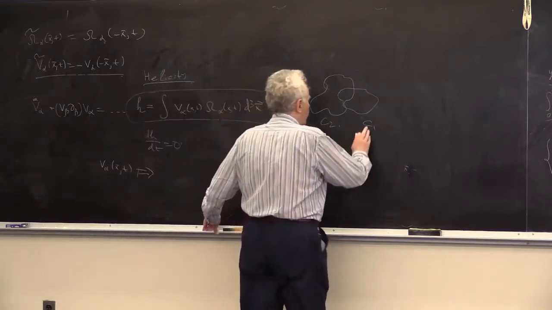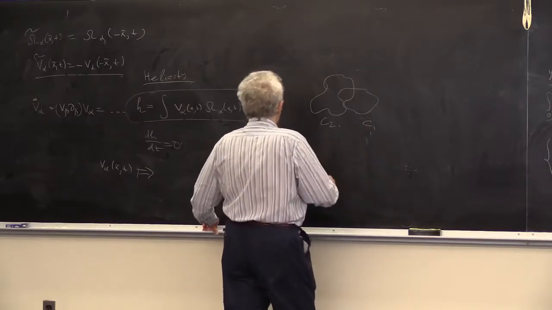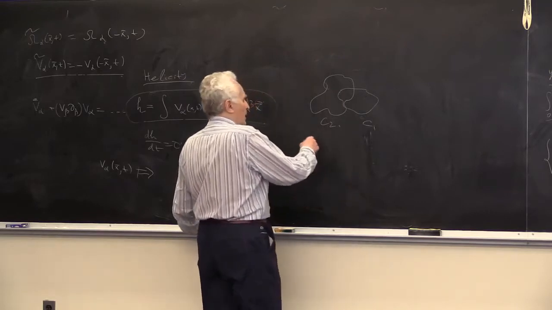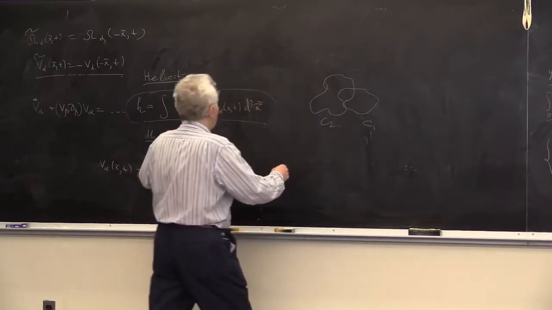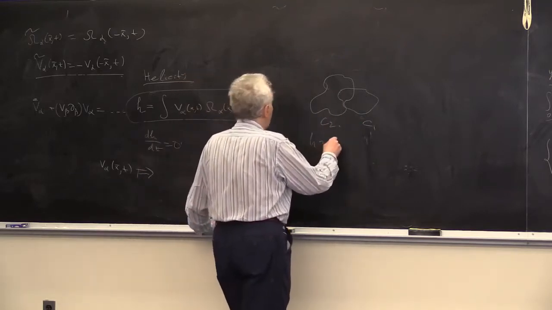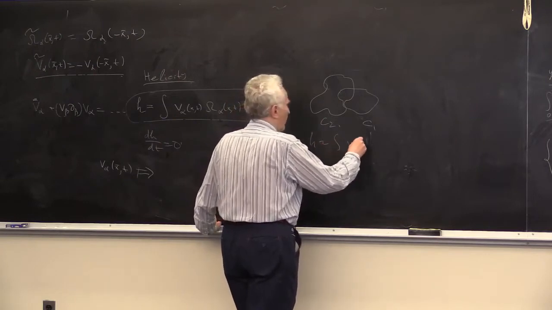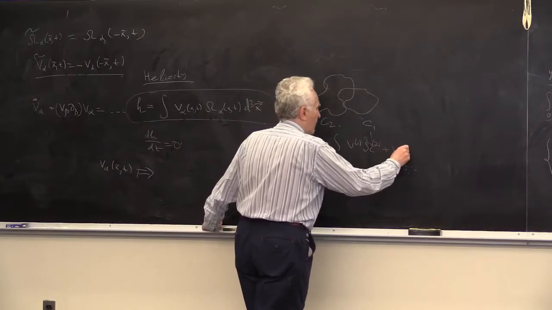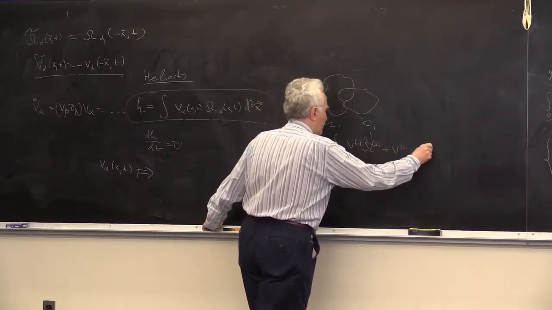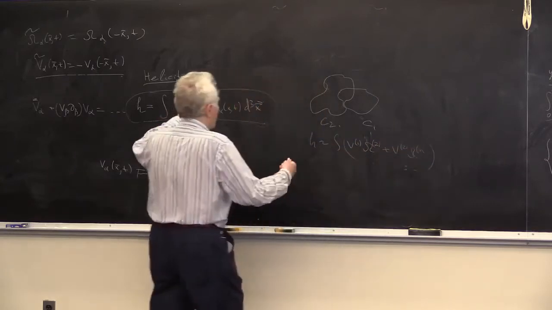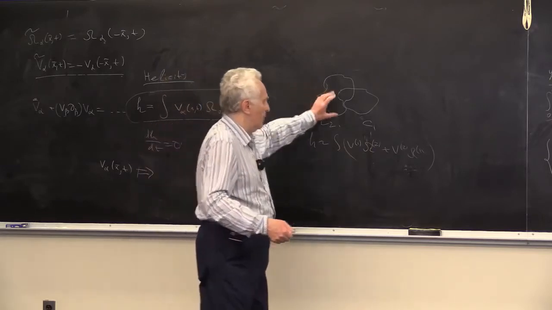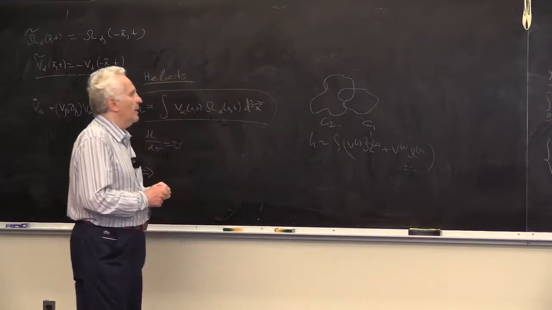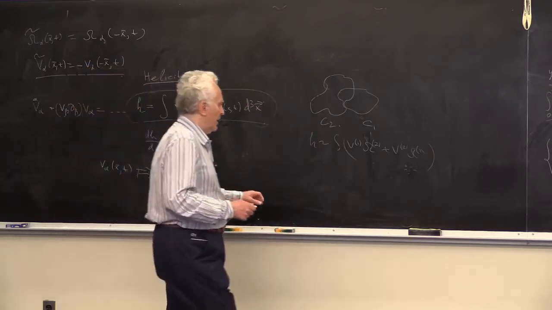Then there is a term in helicity which contains their mutual interaction, and there is also, of course, self-induced helicity for each, but that will not interest us. This part, however, is very interesting.